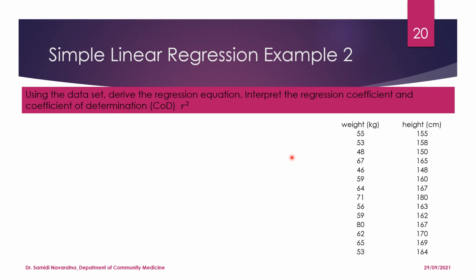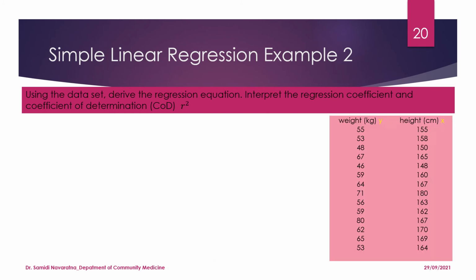So in the previous example, when we used this data set, we determined that height is the independent variable and weight is the dependent variable. So I have labeled these two data sets like that.